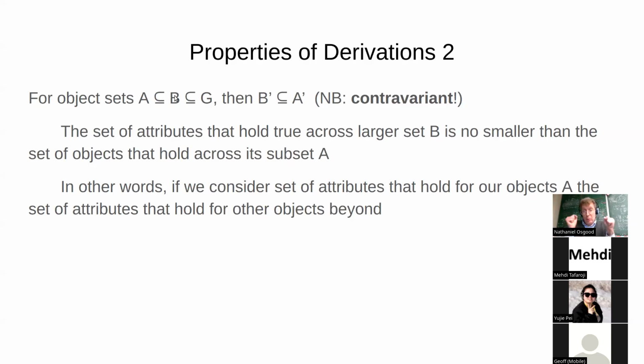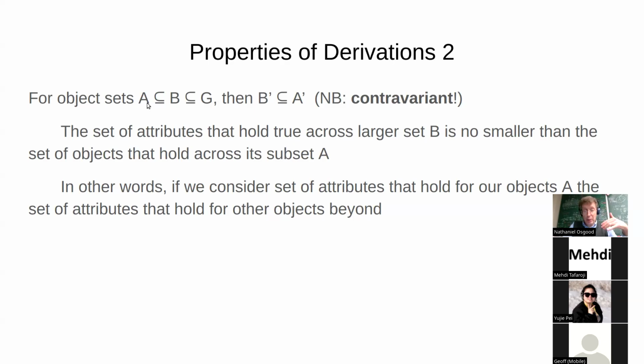The more objects we have, the more constrained the set of attributes are that are shared by all of those objects. So if we add a third, a fourth, and a fifth, as B becomes even bigger and bigger than A, the set of all attributes shared by all 10 of those, all 20 of those objects, is going to be a smaller and smaller subset of the set shared by our original set, right?